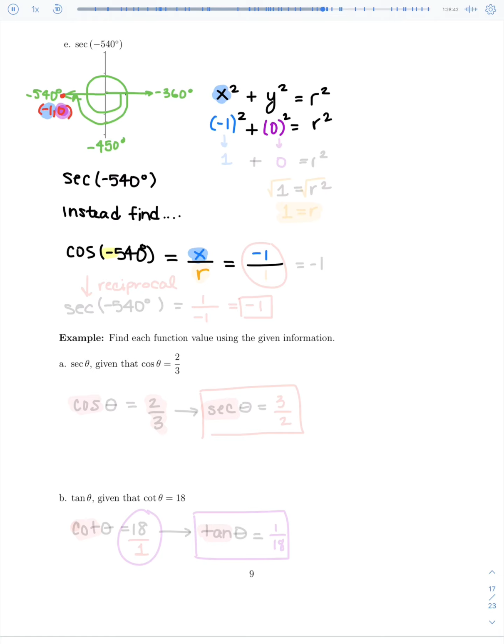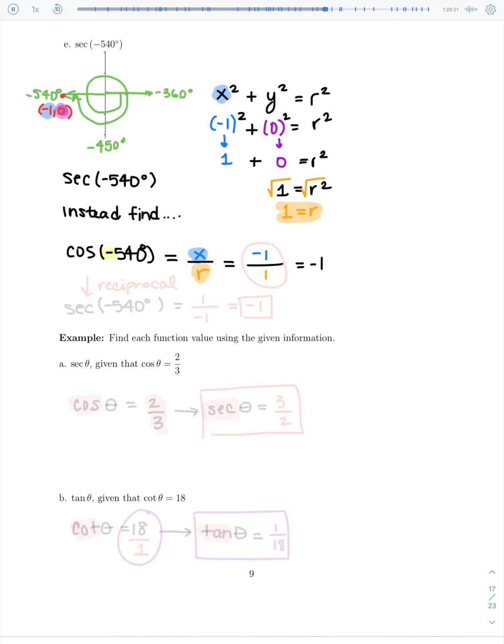Well, negative 1 squared is 1, and 0 squared is 0. So that gives us 1 plus 0, which is 1, so r squared is 1. To actually find r, we take the square root of both sides, which gives us that r equals the square root of 1, which is still just 1. And then we can plug that in: r equals 1. So what that gives us for cosine is negative 1 divided by 1, which is a negative 1.